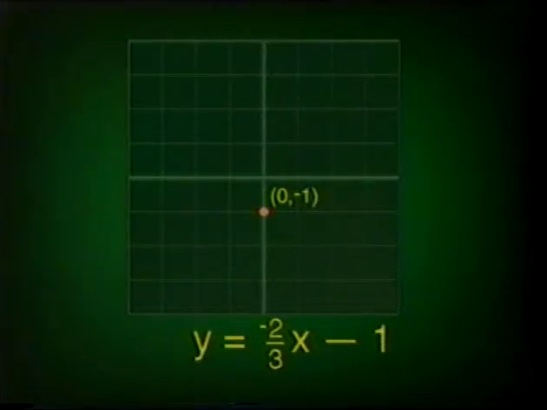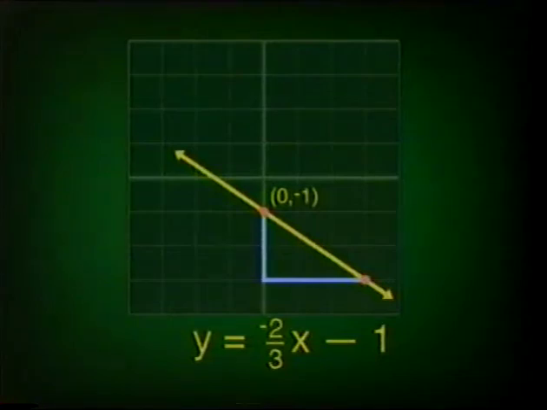Starting at the y-intercept, I plot the rise, which is negative 2, and the run, which is positive 3. And that gives us our second point. When I connect our points, I have a graph of the linear equation. And every pair of coordinates along that line will satisfy the equation.